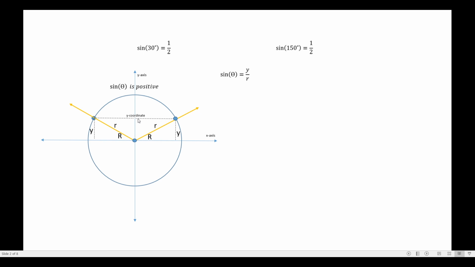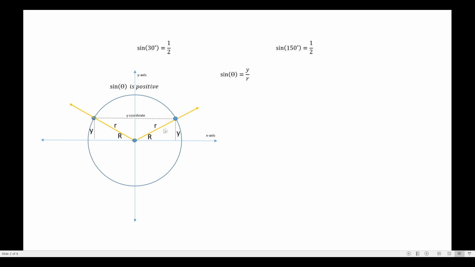Again, let me repeat, the sine function depends on the values of y and r, and since the values of y in the first and second quadrants are equal, if the reference angles are equal, then obviously the sine functions will generate the same value. So this only happens if the reference angles are the same.